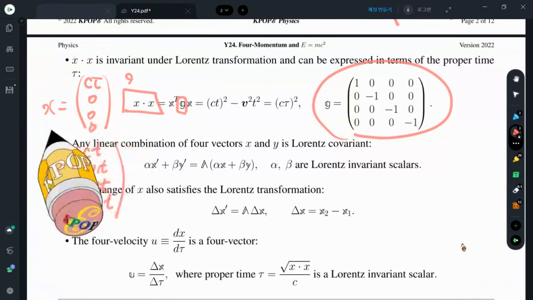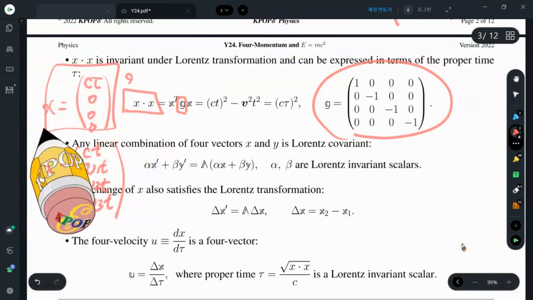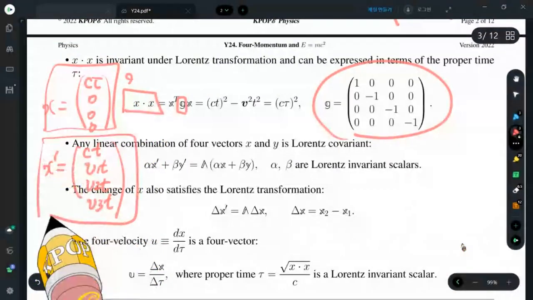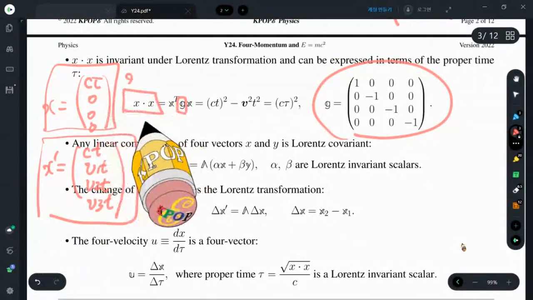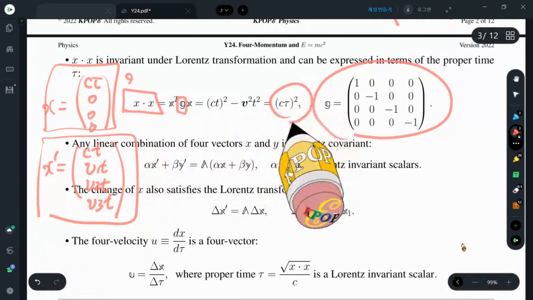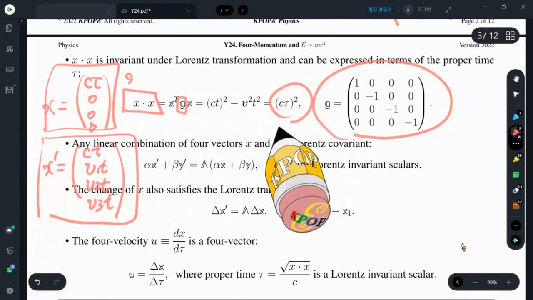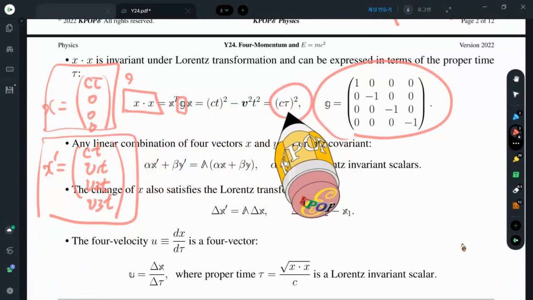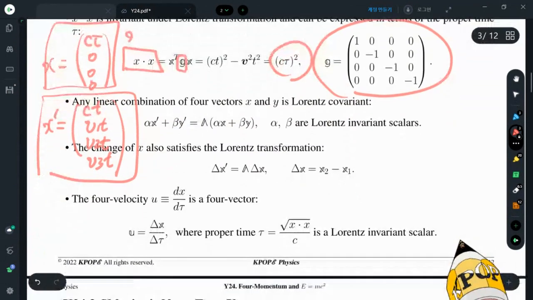When we square this in a frame and in another frame, regardless of the frame, the square of this Lorentz four vector for displacement is invariant, that is, cτ squared, where τ is the proper time.